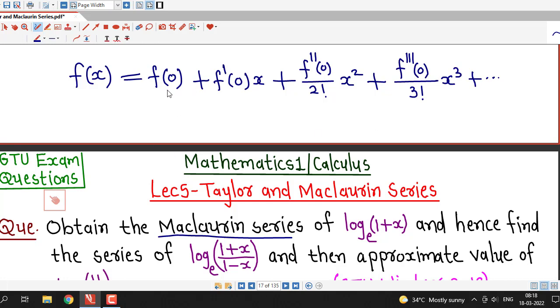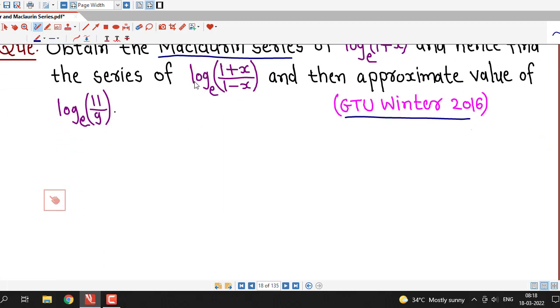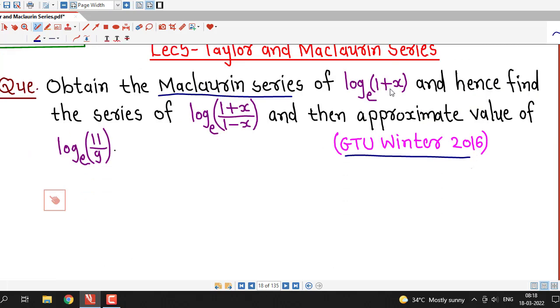So to obtain the Maclaurin series of function, we have to compute derivatives of function at x equal to 0. So first we denote given function by log(1 plus x).